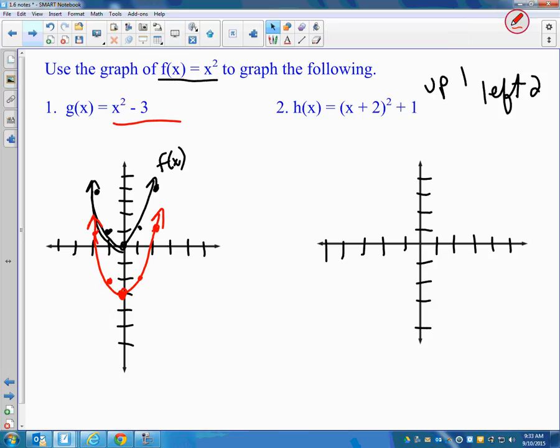If I know the shape, then I'm going to go up 1 and left 2, or left 2 and up 1. Either way, I'm going to start with where that normally 0, 0 point is. And then I know when I go left and right, I go up 1. And when I go over 2, I go up 4.